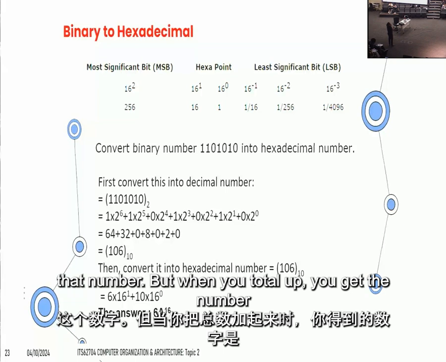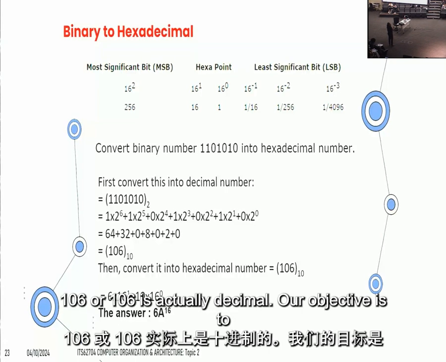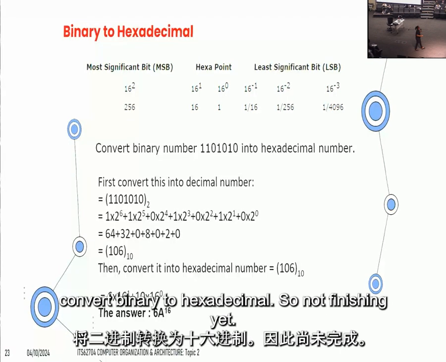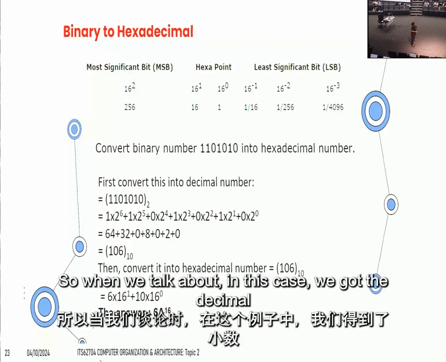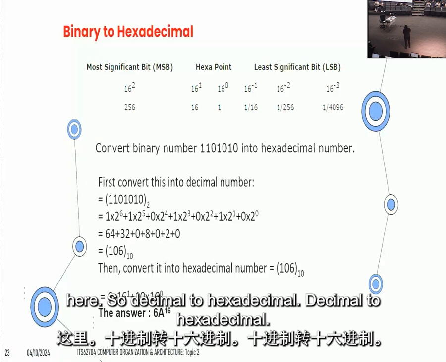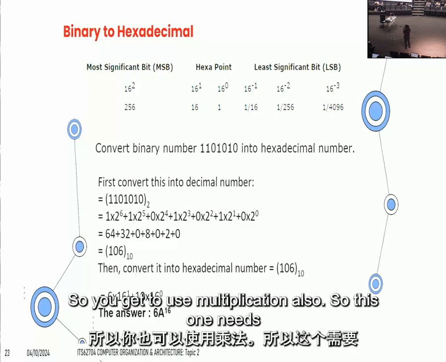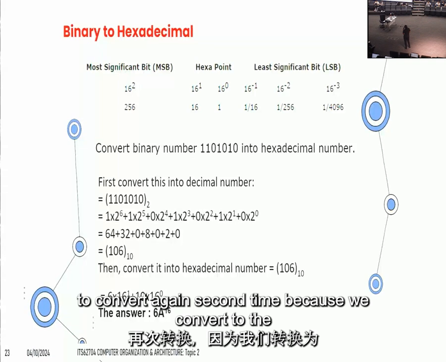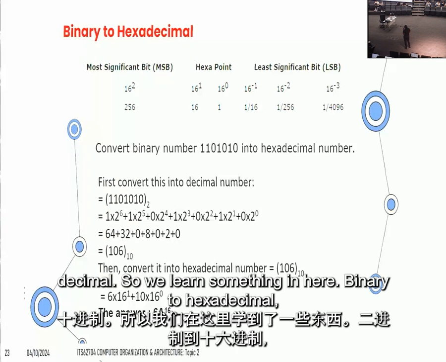But when you total up, you get the number 106, which is actually decimal. Our objective is to convert binary to hexadecimal, so we are not finished yet. In this case we got the decimal here, so it is decimal to hexadecimal. So this one needs to be converted again, a second time, because we converted to decimal.